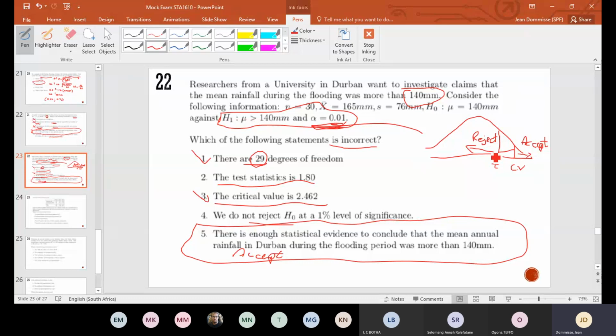So let's quickly see, does that make sense? We do not reject the null hypothesis. We accept the null hypothesis. Ah, sorry, I made a mistake.